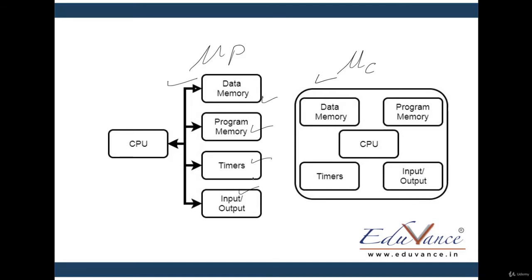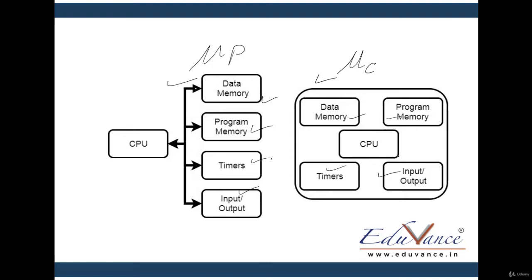This will be clubbed as IOs, that is input and output, which is external to the CPU. In the case of microcontroller, you can see the CPU is tightly coupled within a single IC. The data memory, the program memory, the timers, the input output, all are included within the chip itself. Because of this, there is a major difference between both of them.